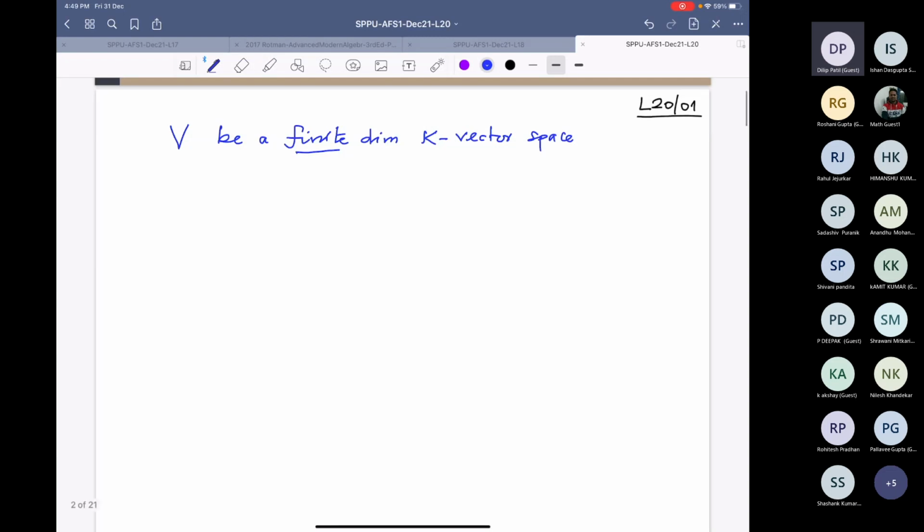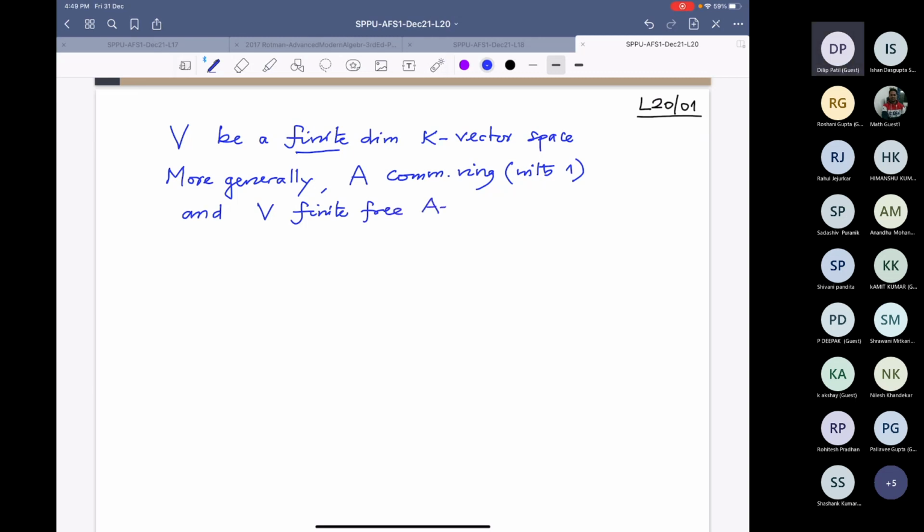Or more generally, A is any commutative ring. Whenever I say commutative ring, it is always with a multiplicative identity, and V is a finite free A-module.